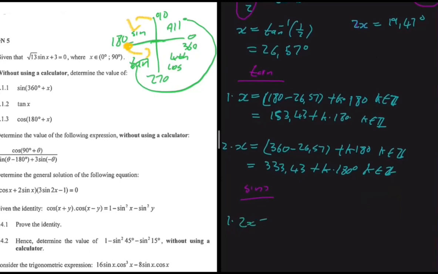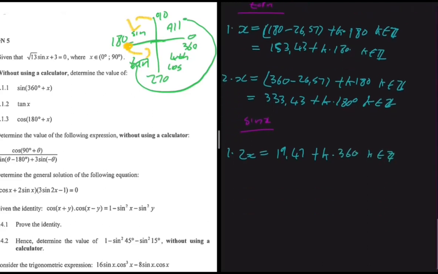So we have 2x equal to, in the first quadrant, we just use the angle as it is, so 19.47 plus k multiplied by the period of sine. What is the period of sine? The period of sine is 360. So we have 360k, k an element of some integer.